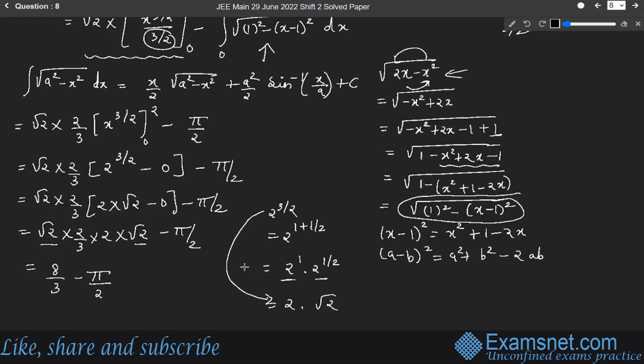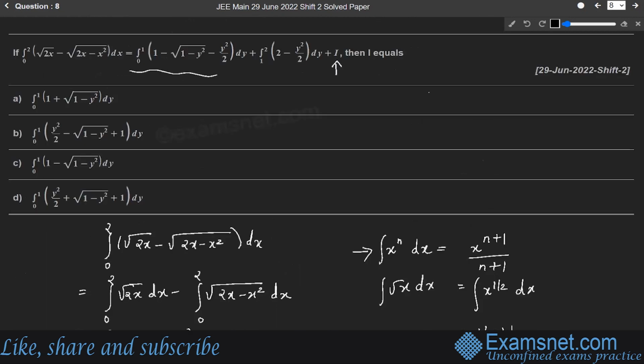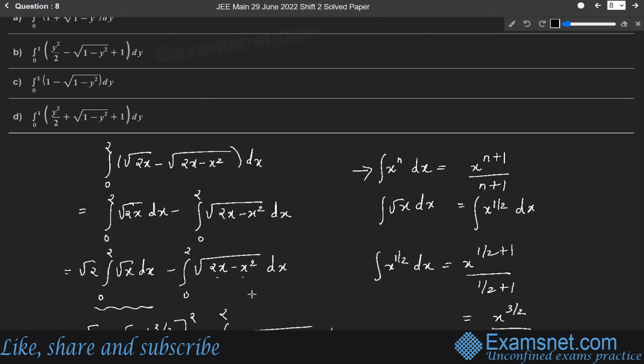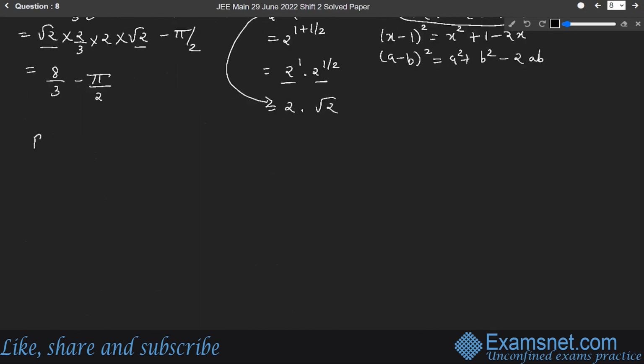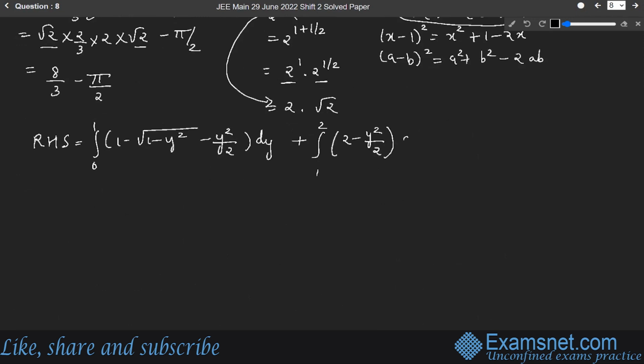Okay, now let us solve the right hand side. The right hand side is this whole expression. So let us write it. RHS is equal to integral of 0 to 1 of 1 minus under root of 1 minus y square by 2 dy, plus integral of 1 to 2 of 1 minus y square by 2 dy, plus I. Now you can see that the constant terms are 1 and 2.